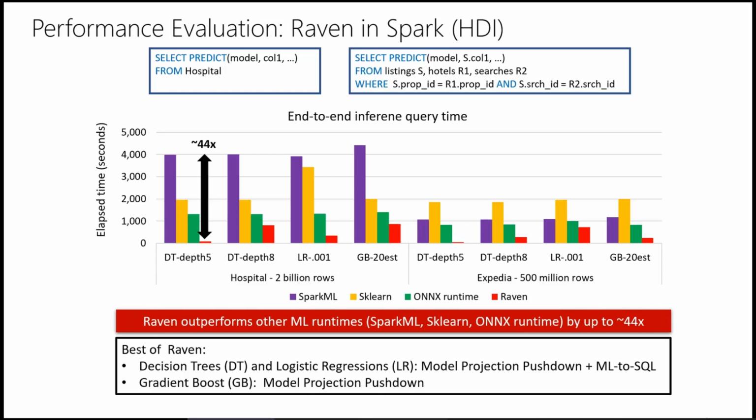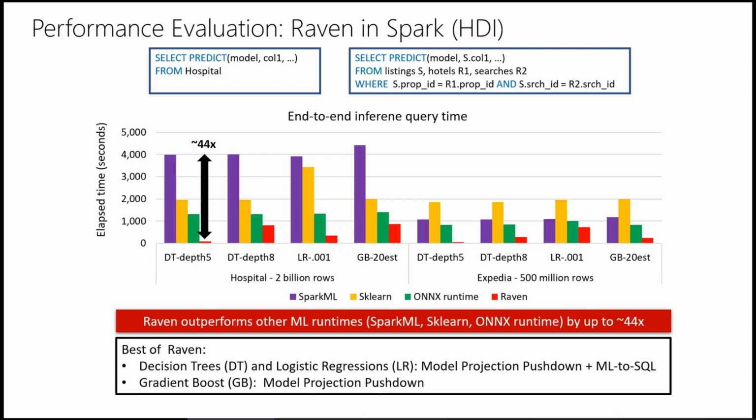So we tested Raven in a bunch of different data sets. Here I have a hospital data set, and I tested it across a bunch of different models. Where it says DT, that's decision tree, logistic regression models, and gradient boosting models.